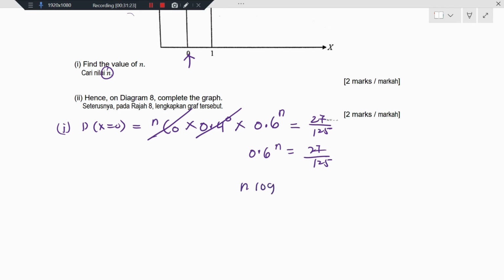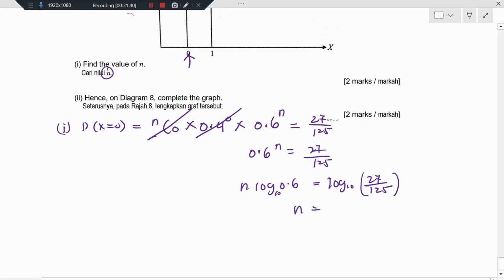So n log 0.6. If you want to use ln instead of log, you can do that. No problem. And then you divide by log 0.6. So you should be getting your answer.